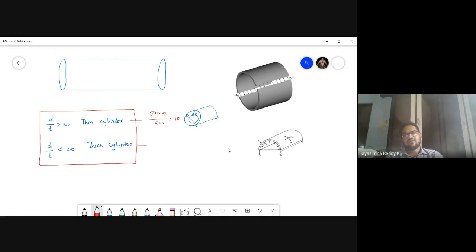And if the diameter is 100 and the thickness is 15, this will become some 6 point something, right? So this is also less than 20, so thick cylinder only. All I am giving is examples.